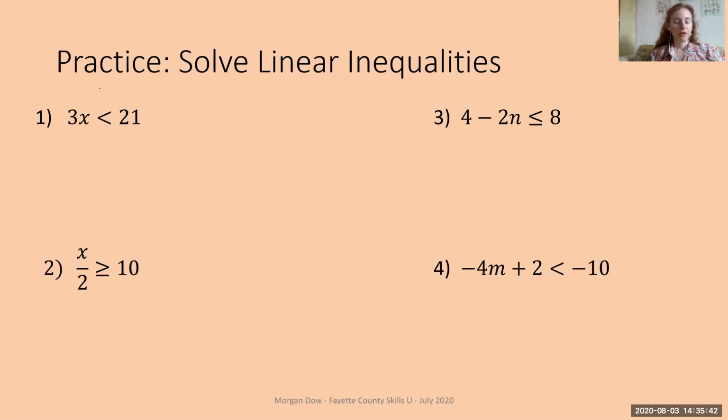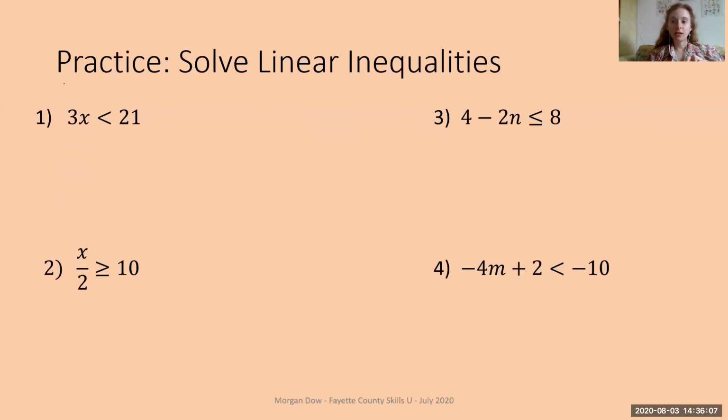All right, so everything we know about solving equations still holds, right? So we have the same goal. What is our goal from last week? What is our goal for solving linear equations? Our goal is to isolate the variable, to get the variable on one side of the equal sign. So we have the same goal here.